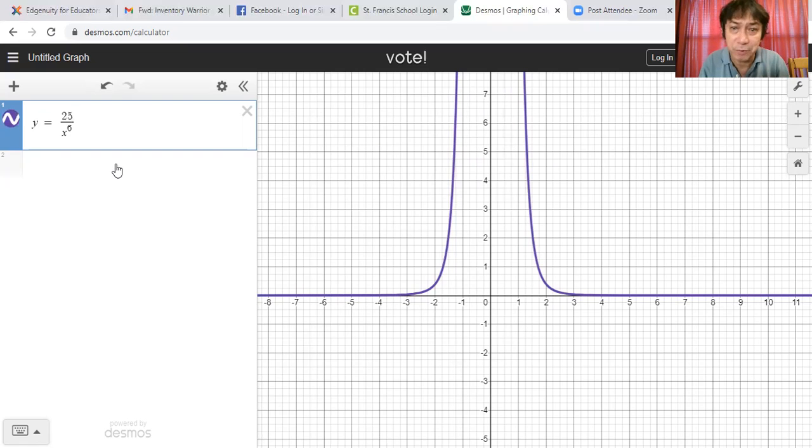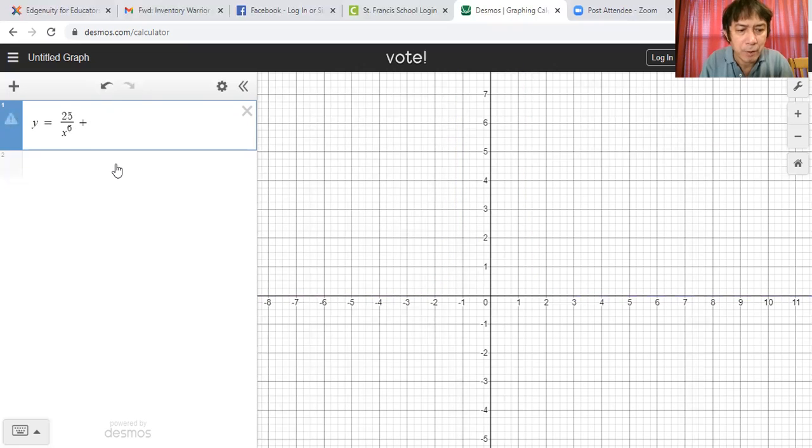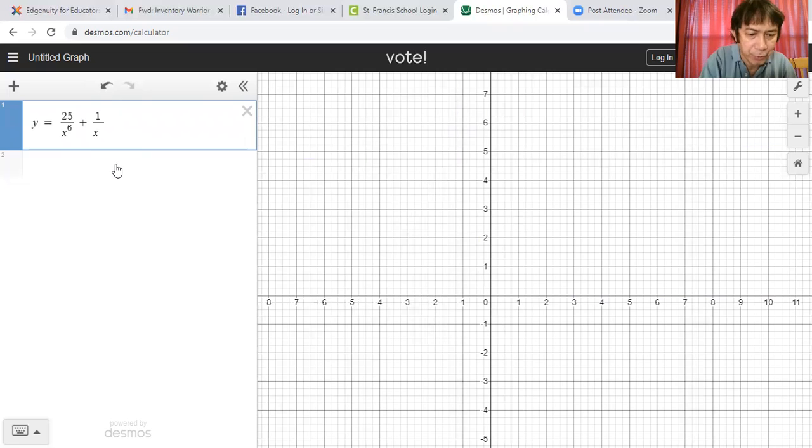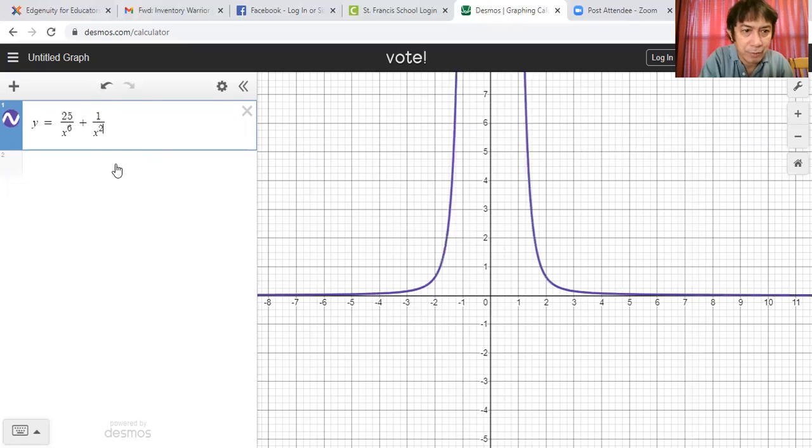And even if you add another, say plus 1 over x squared, like that, so that's another even number there.